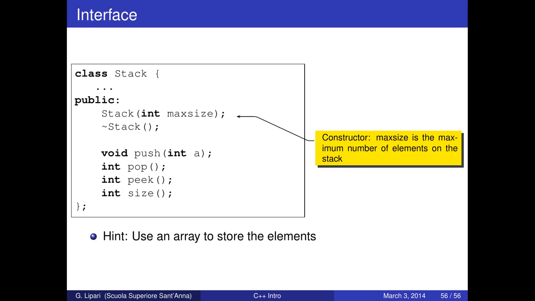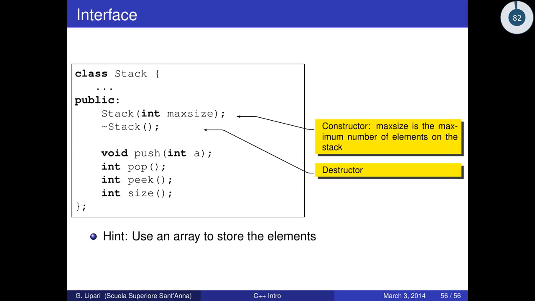Push to push an element, pop to remove the element at the top. Then I'm going to use peek to just look at the top, and then size to return the current number of elements stored inside the stack.